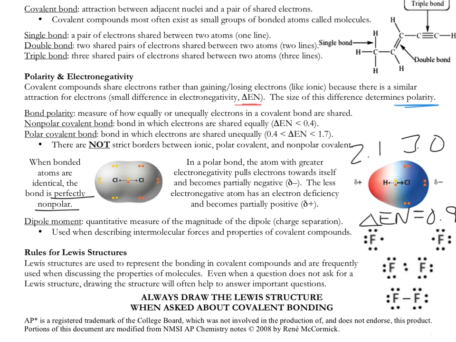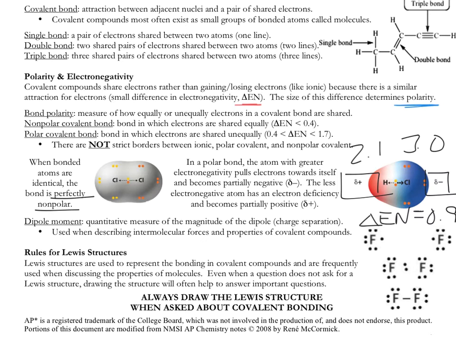That makes this end a little bit negative and the other end a little bit positive, and we use that Greek lowercase delta there. So it's not a -1 and a +1 like a sodium and a chlorine or a lithium and a fluorine. It's minus maybe 0.4 or minus 0.5 or minus 0.6.